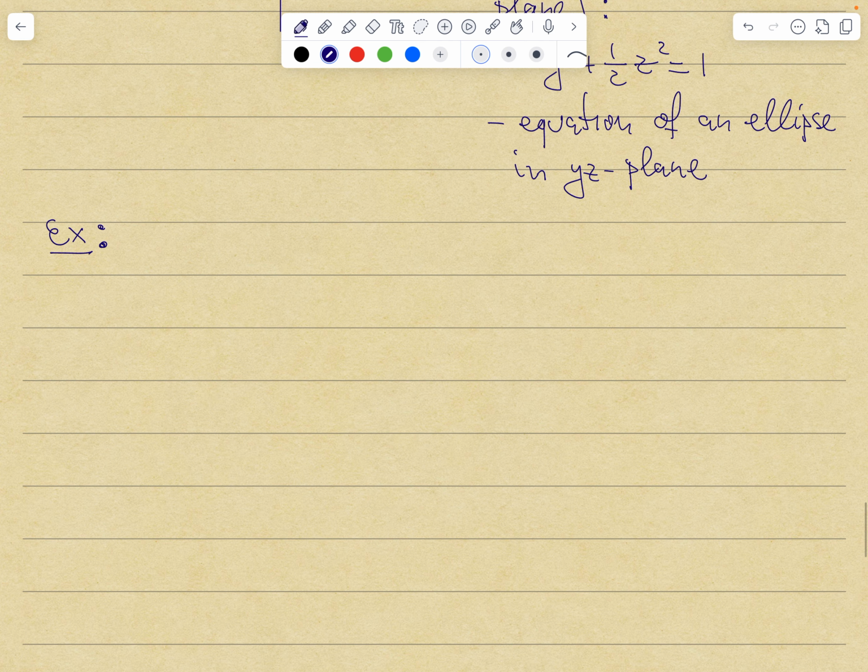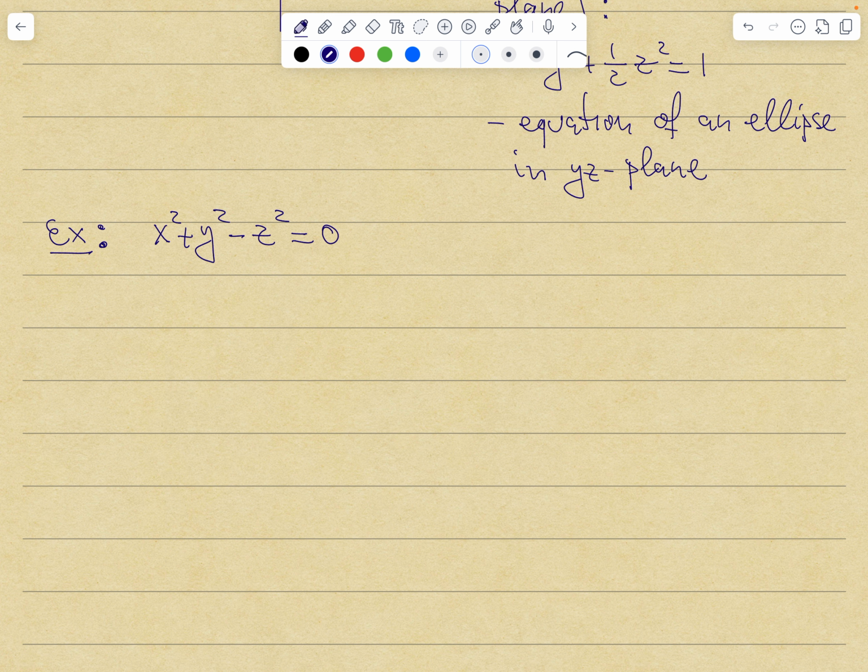Let's say now I have the following equation: x squared plus y squared minus z squared equal to 0. Would a similar approach work for this?